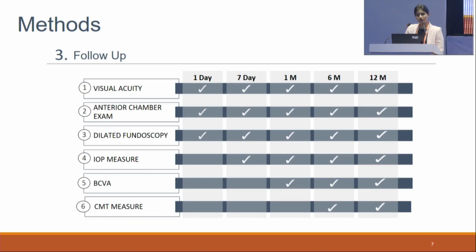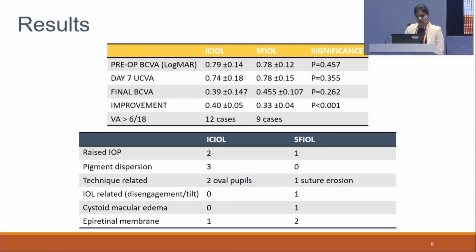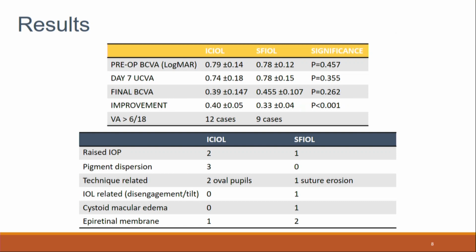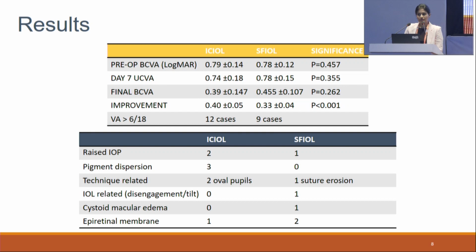These patients were followed up for 12 months, and these were the outcome measures that we did. The vision, both uncorrected and corrected, anterior chamber findings for hyphema, pigment dispersion, any lens tilts, IOP measurements, and the CMT measures.